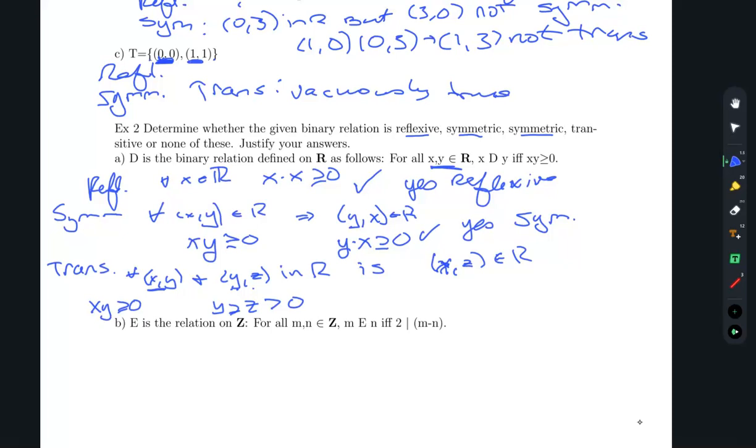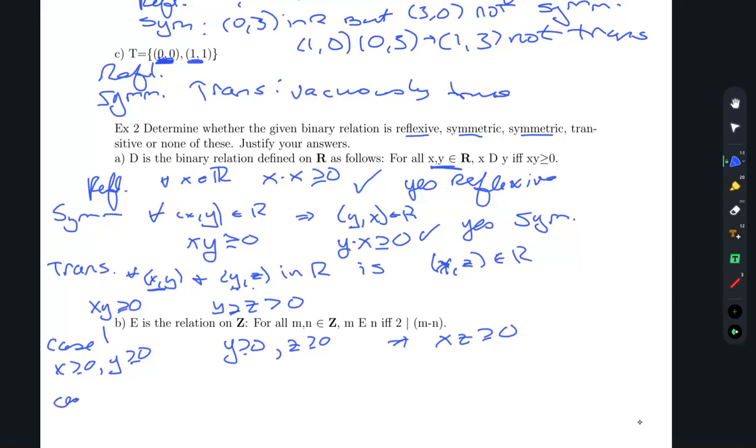Let's take some cases. If x is bigger than 0, then y must be bigger than 0 also, to be positive. If y is bigger than 0, then z must be bigger than 0, or I should say bigger than or equal to. So xz will be bigger than or equal to 0 because they're all positive. What about the negatives?